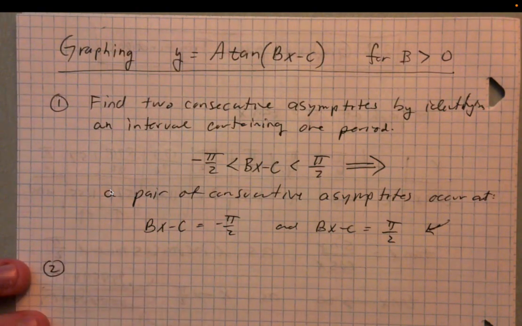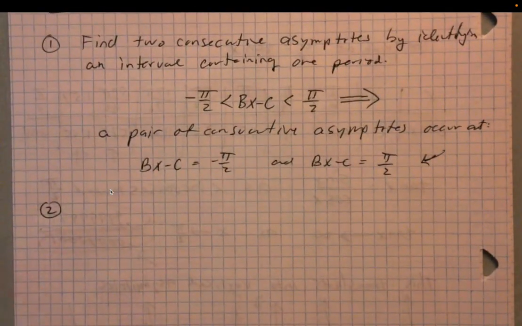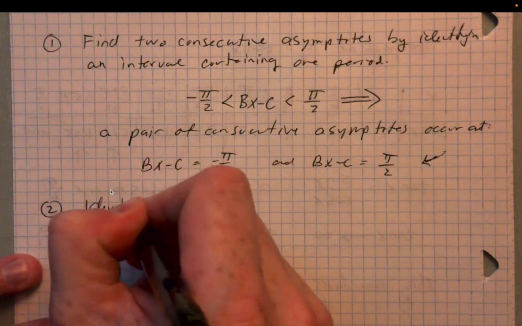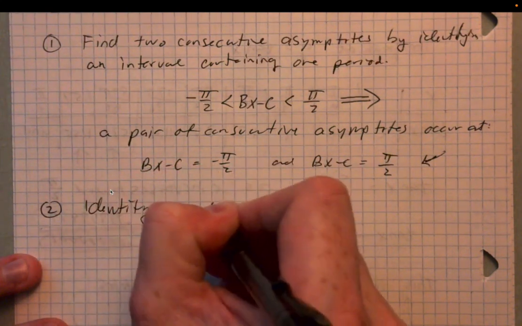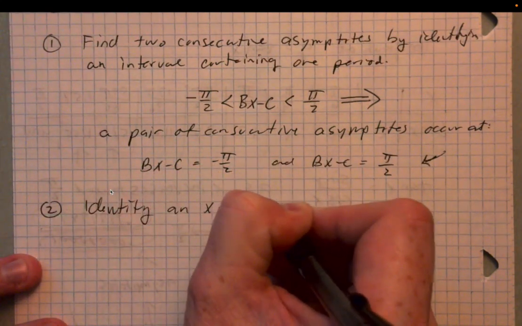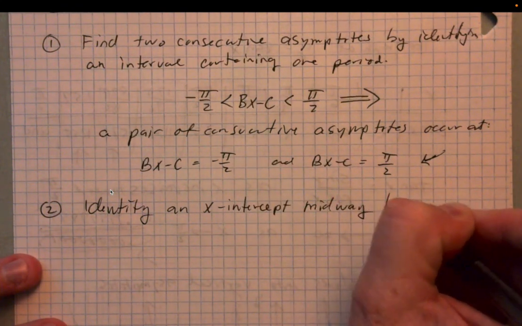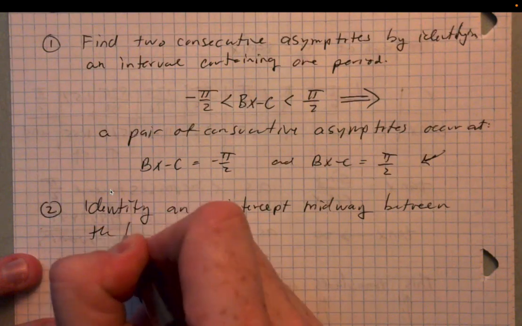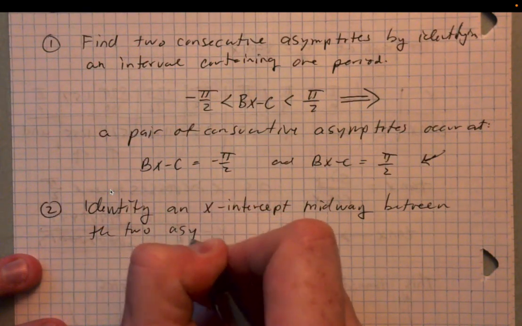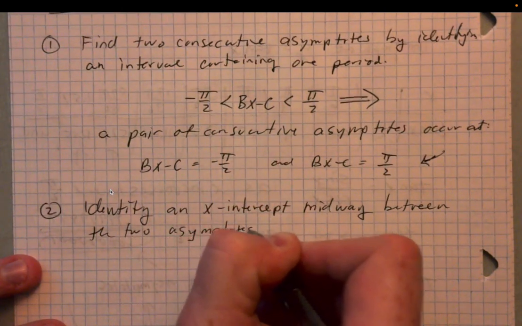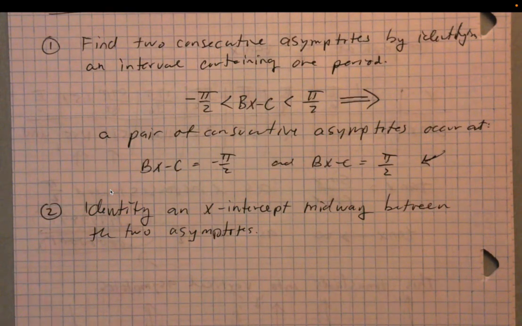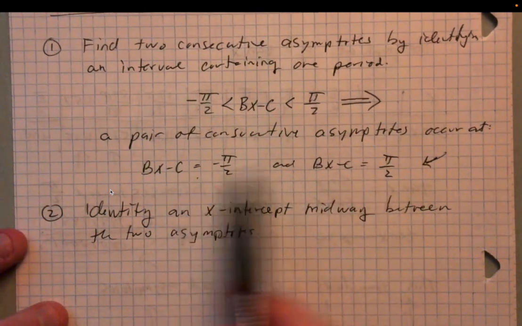Step two is we want to identify an x-intercept midway between the two asymptotes. So you're going to figure out what your asymptotes are here.